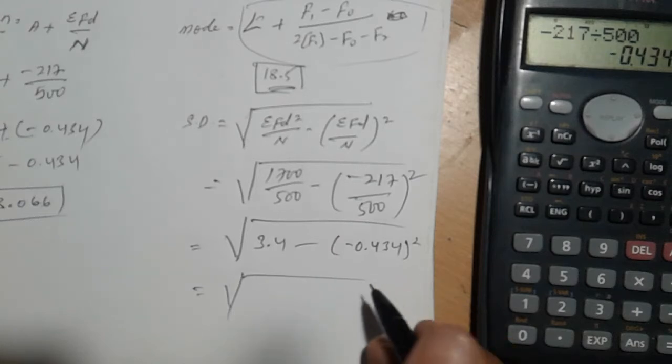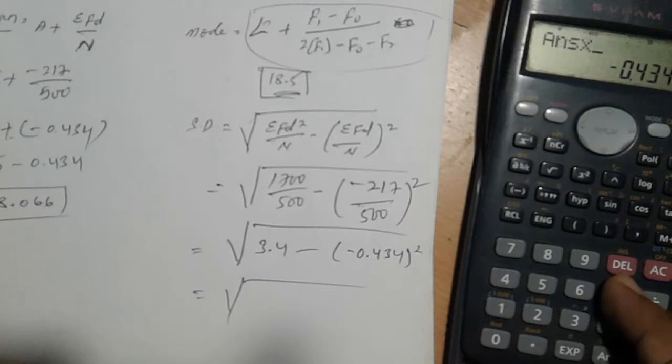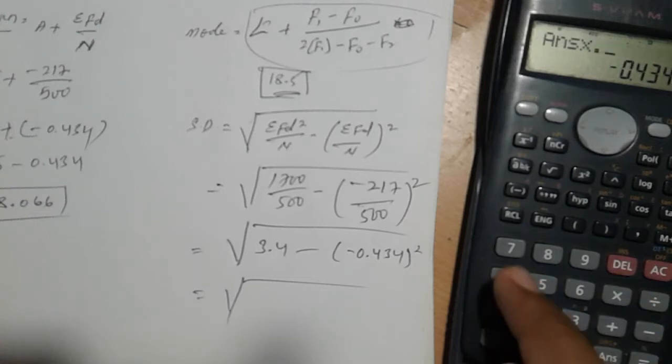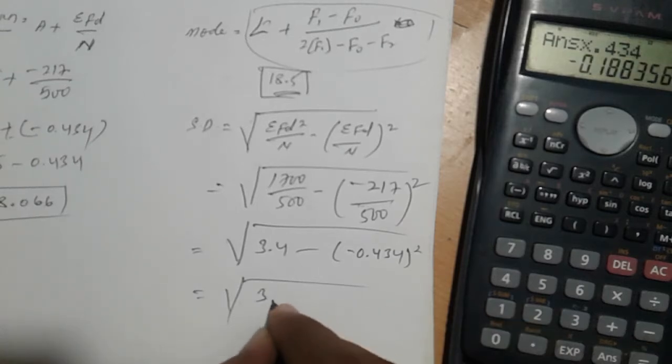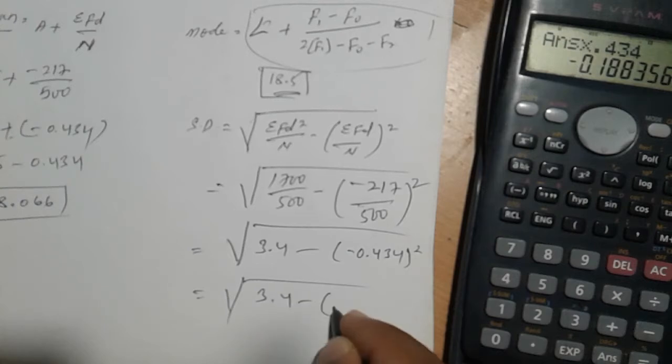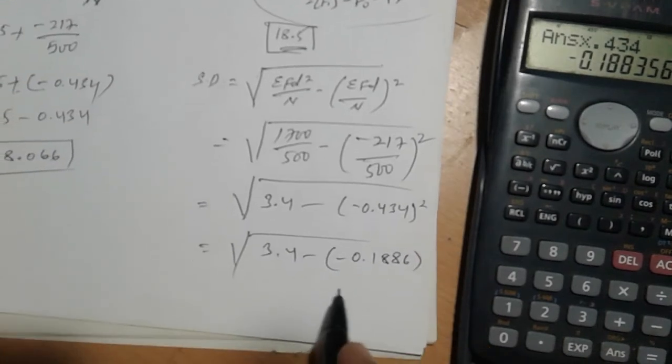Okay, because it's a whole square, we haven't squared it yet. So now let's complete the square also. So again 0.434 into 0.434, we are getting 3.4 minus 0.1886. This is a minus and this is also minus, minus into minus is plus.